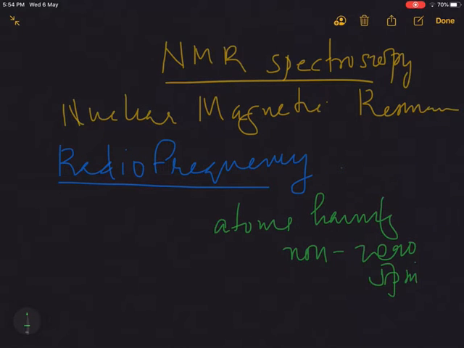Only those atoms having non-zero spin are active in NMR. Only those atoms give NMR spectra. So the essential condition for a compound to be NMR active is that the value of spin quantum number I should be greater than 0.